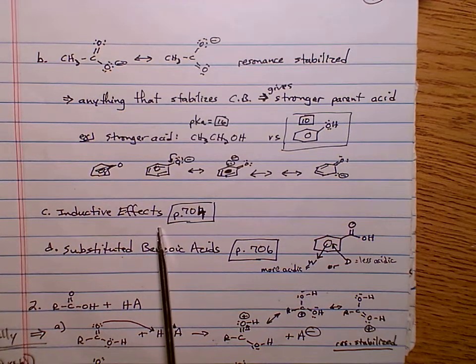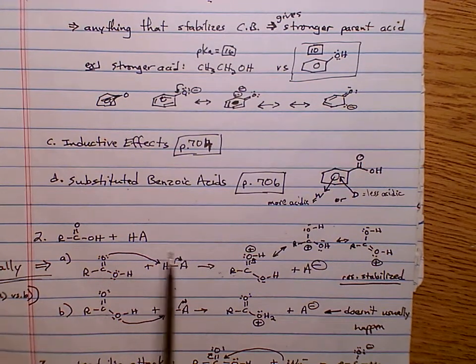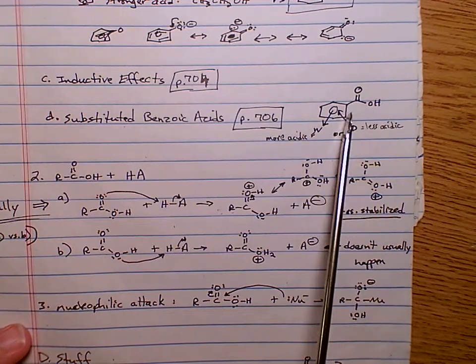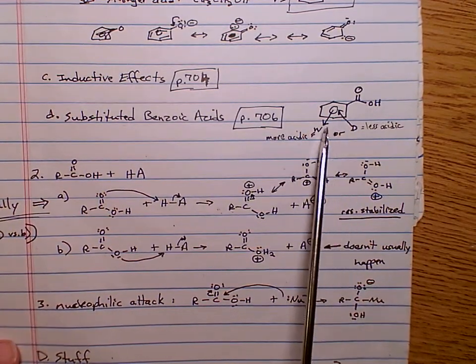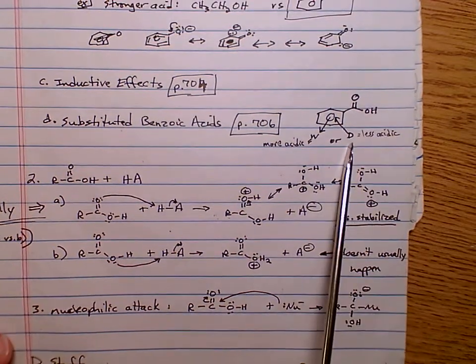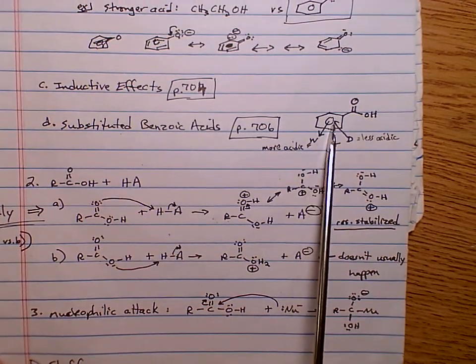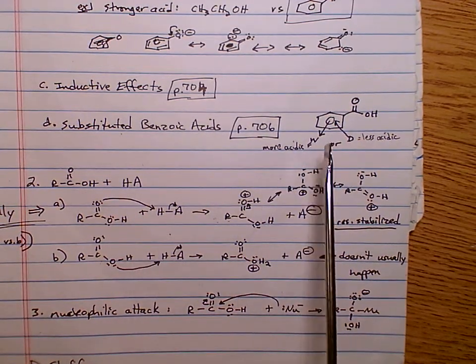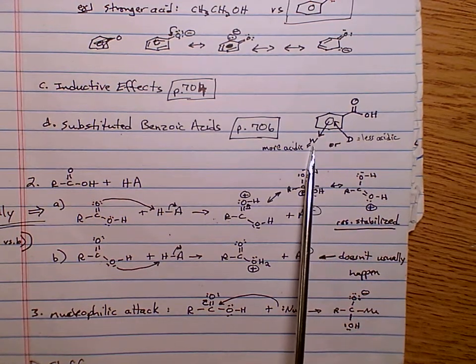Look at the inductive effects of carboxylic acids. Disubstituted benzoic acids means, okay, if we have a benzene ring that has a carboxylic acid on it, note if you have an electron withdrawing group on there, electron withdrawing groups such as nitros or other carbonyls, they're withdrawing electron density away from the ring.